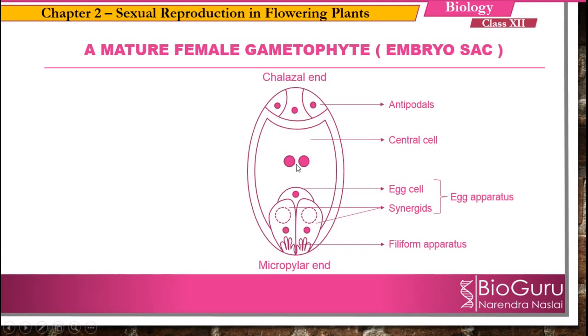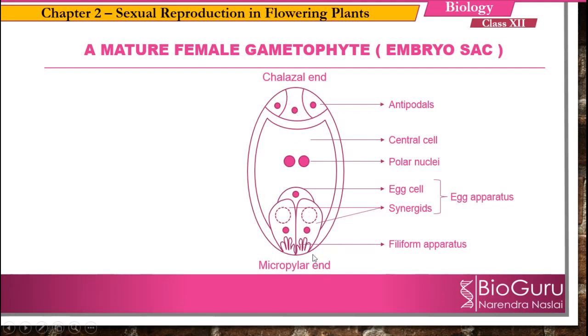Now there is one more large cell that is called the central cell. Inside that you will find 2 nuclei, those are called polar nuclei. Now if you count the number of cells over here, how many cells are there? Let us count. Towards the chalazal end, you will see 3 antipodal cells. So these are 3 cells.